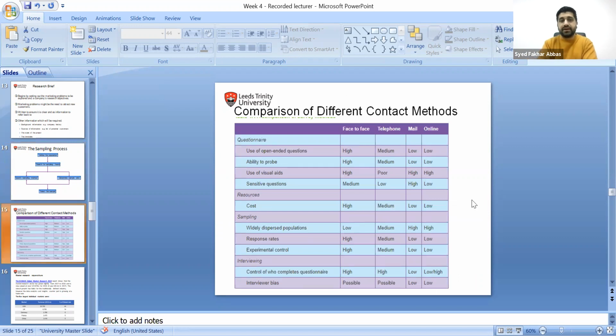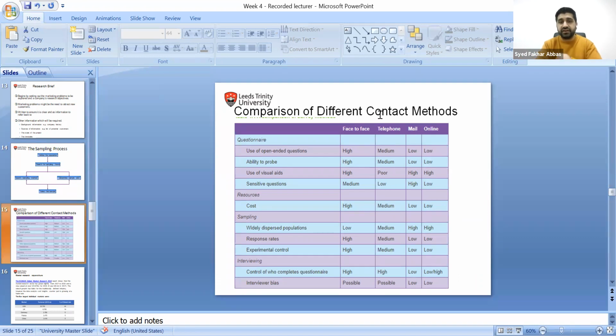Here we can see a comparison of different contact methods: face-to-face, telephonic, email, and online. There are different benefits as well as disadvantages of these methods.